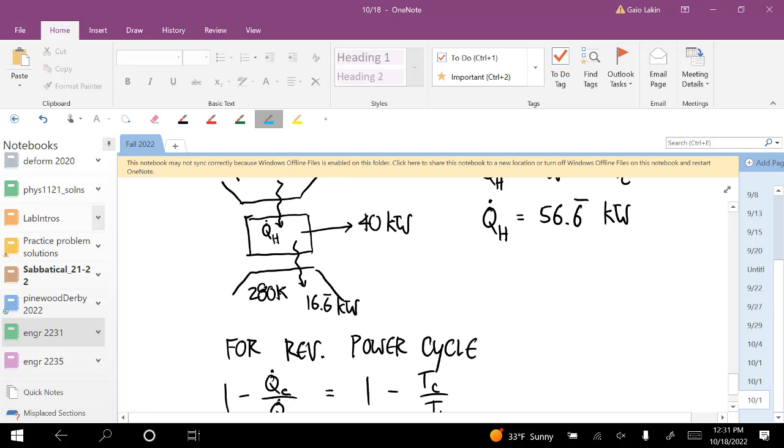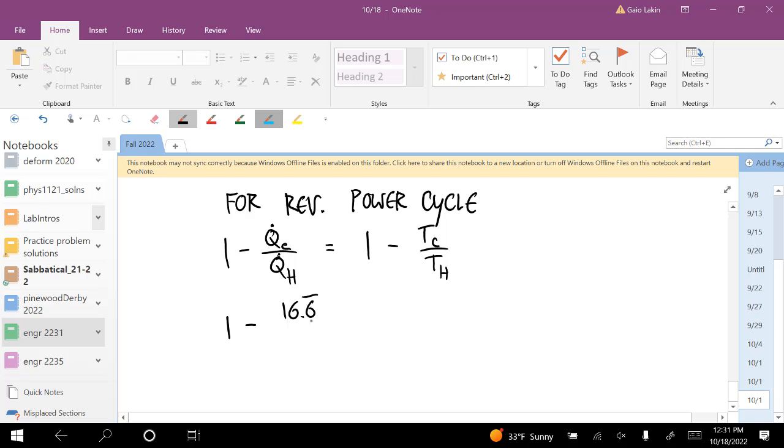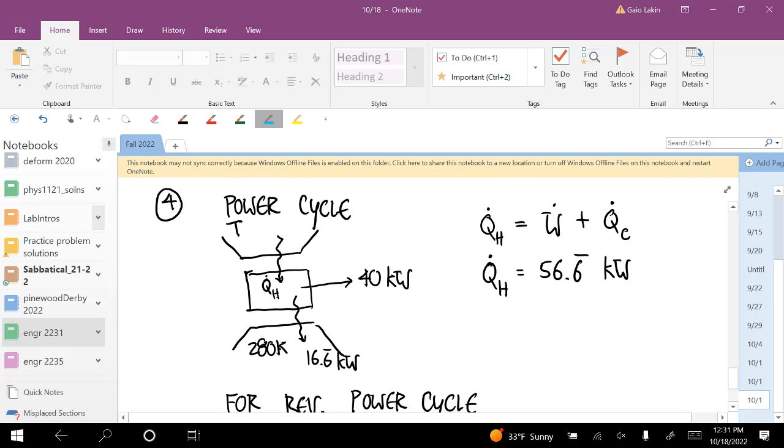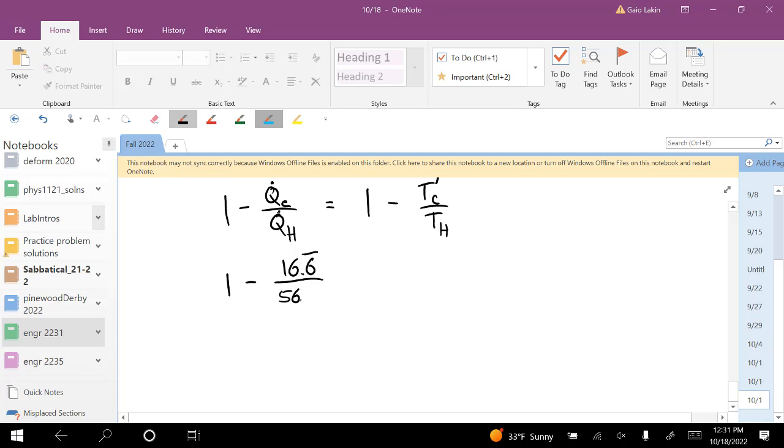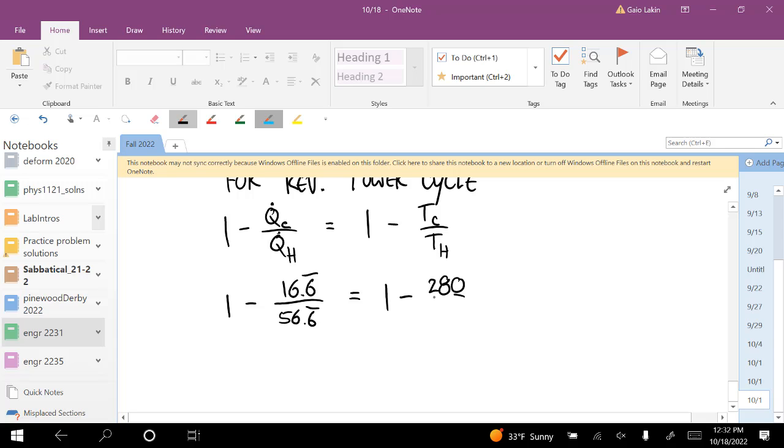So 1 minus 16.6 repeating over 56.6 repeating is equal to 1 minus 280 over T. And so T is equal to 56.6 repeating times 280 over 16.6 repeating.